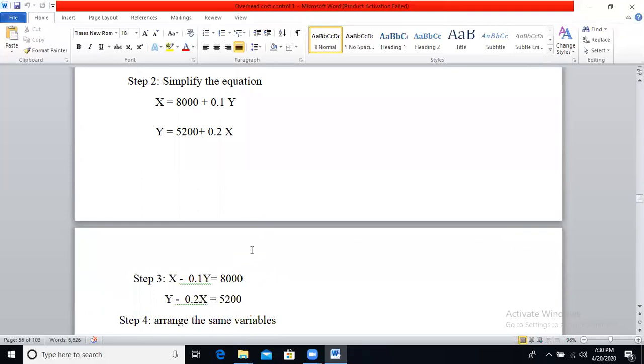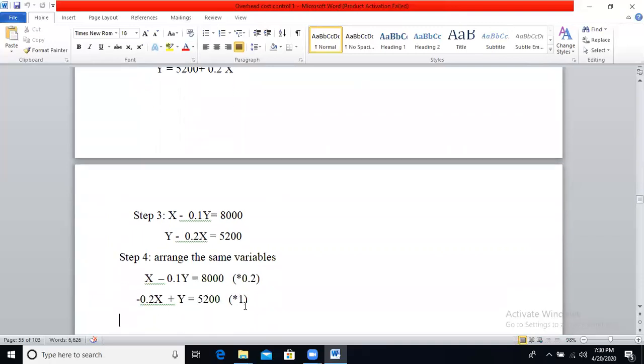Step 3. Now, for the first equation, x equals 8,000 plus 0.1y. If 0.1y comes to the left hand side, plus 0.1y becomes minus 0.1y. So x minus 0.1y is equal to 8,000. And if 0.2x comes to the left hand side, plus 0.2x will be minus 0.2x. So the second equation will be y minus 0.2x is equal to 5,200.